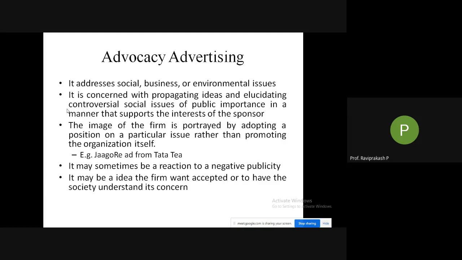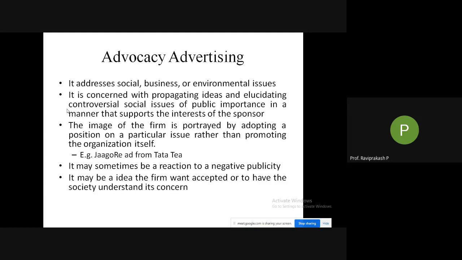For example, the Jaago Re ad from Tata Tea. The Tata Tea is there, but what is it telling? Jaago Re against the social issues that are happening. You might have seen many ads of Jaago Re from Tata Tea. They are just showing that we are with these kinds of people, we are opposing certain things. That is Jaago. You could have heard of Jago Grahak Jago also.